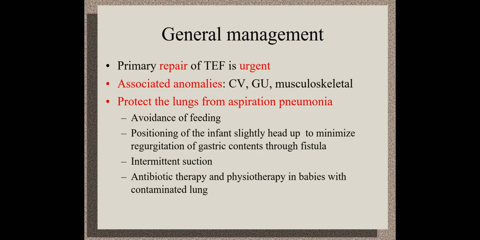Management of tracheoesophageal fistula. Primary repair of the tracheoesophageal fistula is urgent. Associated anomalies: cardiovascular, musculoskeletal. Protecting the lungs from aspiration pneumonia is very important by avoiding feeding, positioning of the infant slightly head up to minimize regurgitation of gastric contents through the fistula.